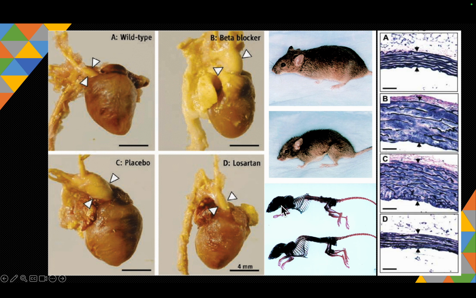The mice who were on losartan, the aorta is almost similar to normal. So they were very excited that we found some magic drug, and they tried it on infants. And what happened was there was no statistically significant difference between losartan and beta blocker.